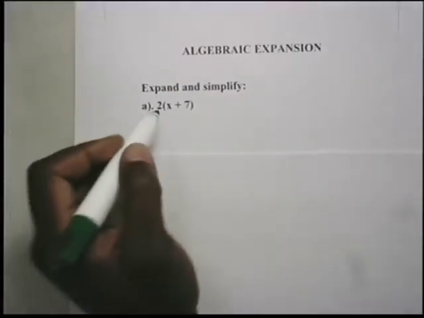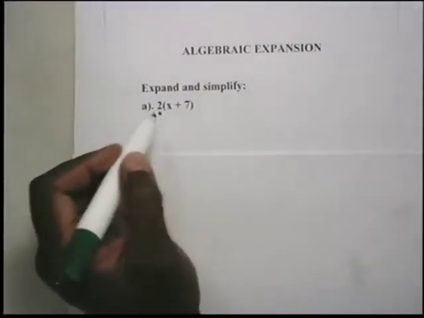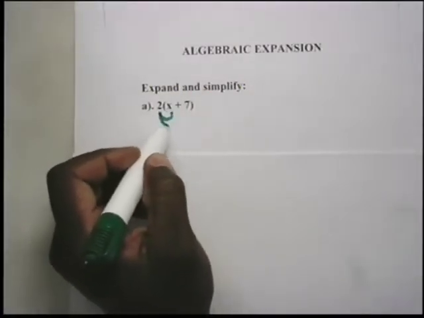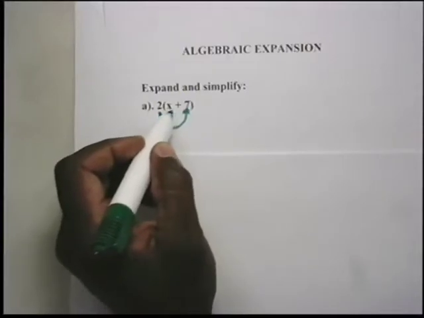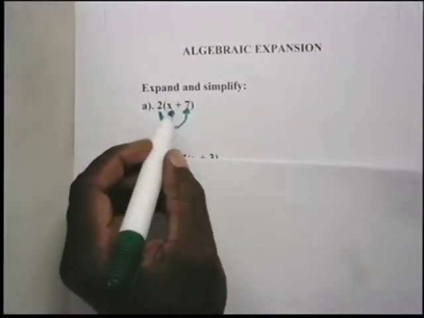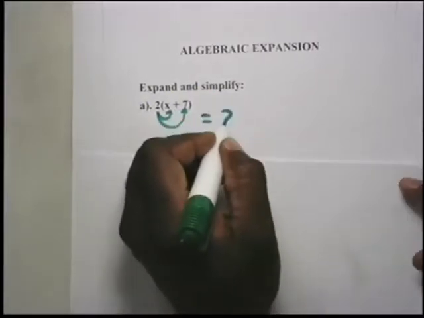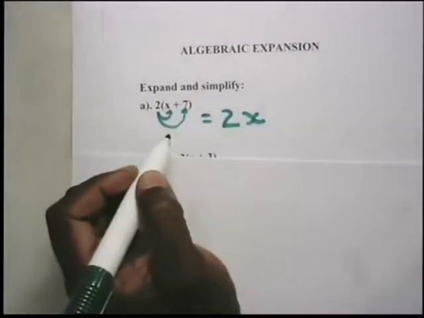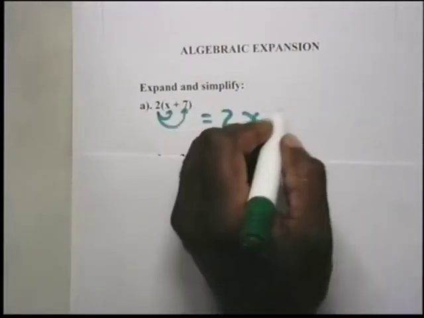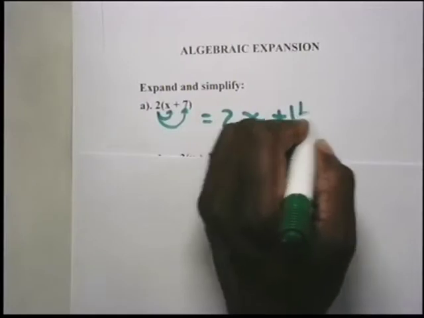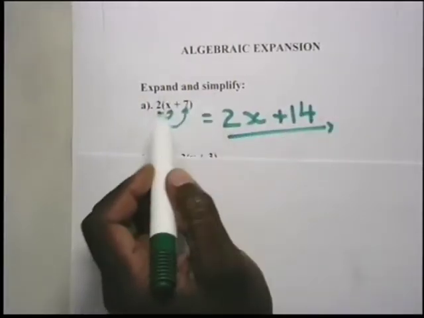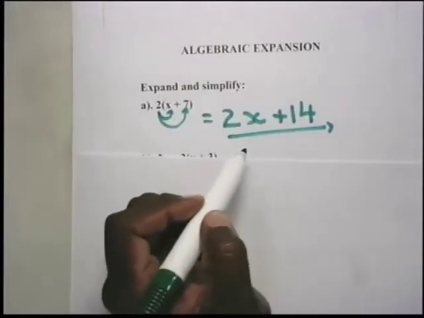Now to expand this, it means the number immediately in front of the bracket should be multiplied with all the terms inside the bracket. So we will have 2 multiplied by x, that produces 2x. And then we will have 2 multiplied by positive 7, and it will produce positive 14. So that is that algebraic expression expanded.